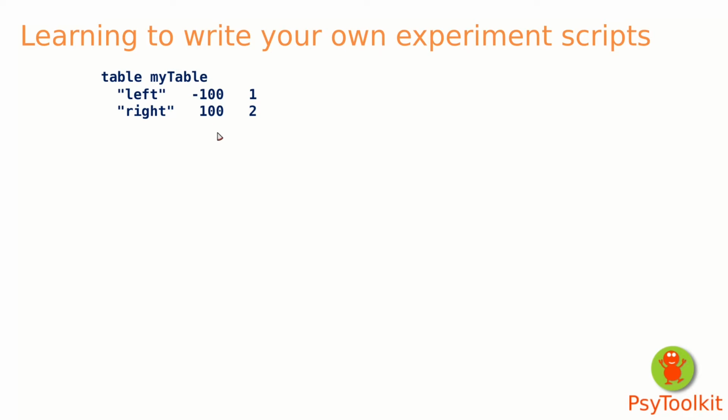Minus 100 is the x coordinate where it comes on the screen. I will show you that in detail later, but basically the idea is that in this table you have two rows, and each row contains the information that's needed for the two different experimental conditions.